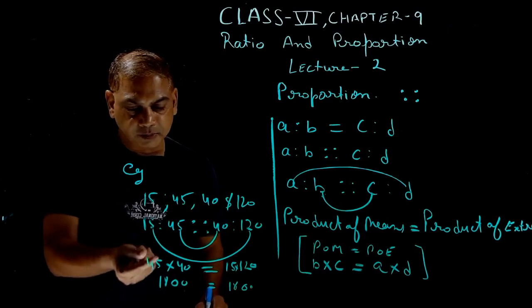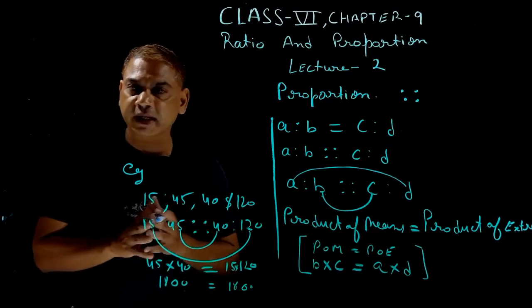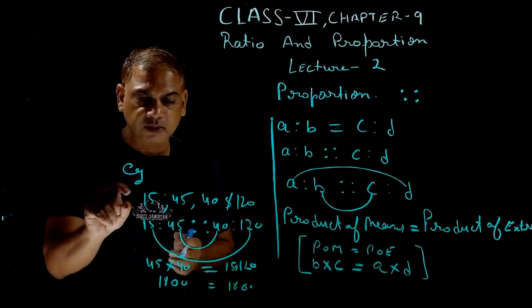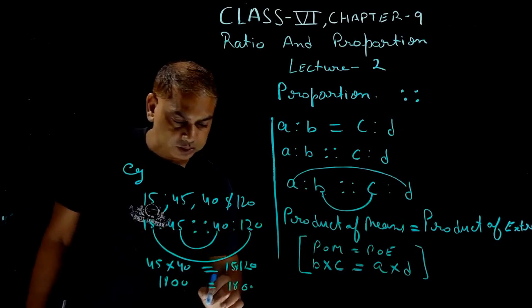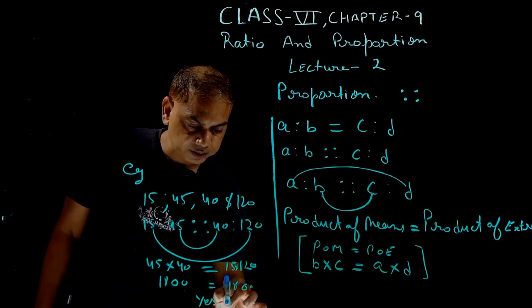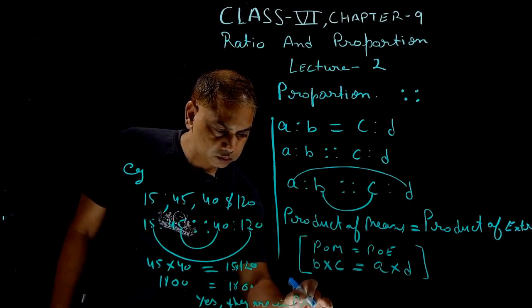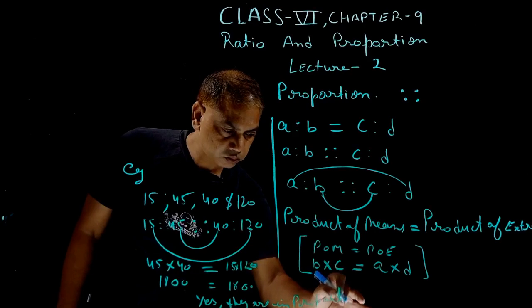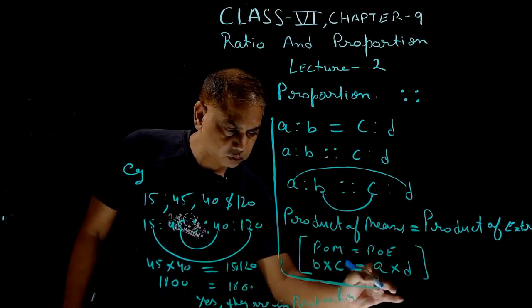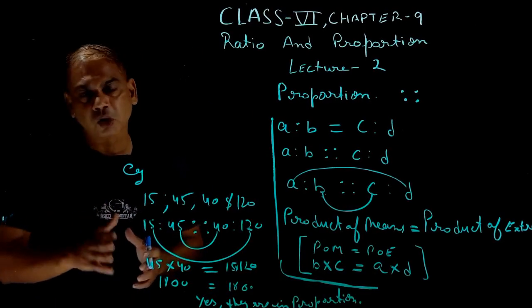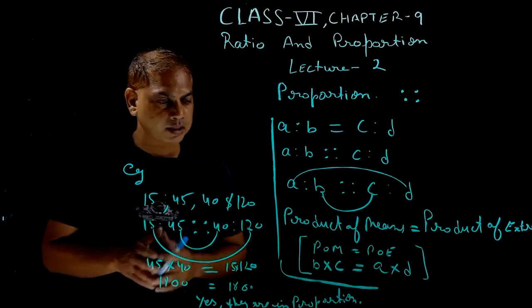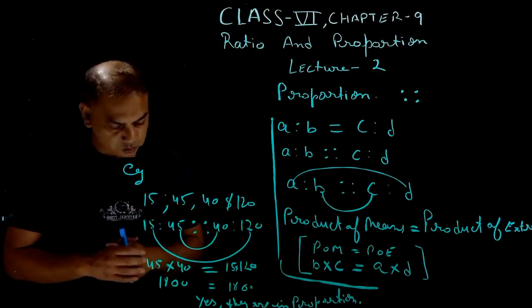That means product of means is equal to product of extremes, so you can say that the given ratios are in proportion. You can say that yes, they are in proportion. Right, student? So that's how you will compare two ratios, okay, with the help of this formula. Good.